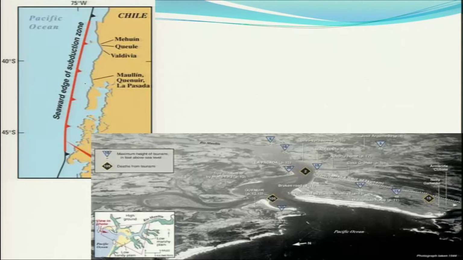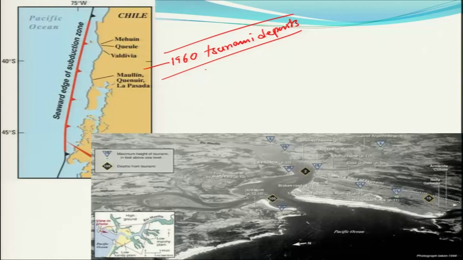The evidence and the interviews conducted with the survivors helped us identify not only the 1960 tsunami deposits, but also older ones, which we call paleo tsunami deposits.